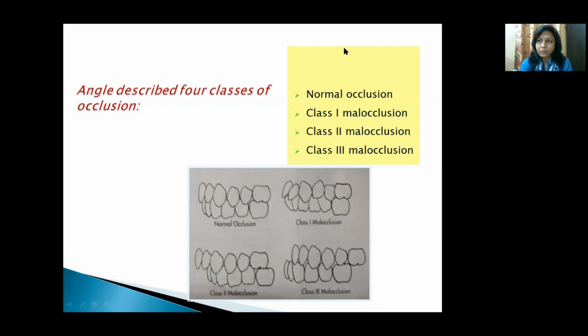Normal occlusion, as referred to orthodontically by Angle, is when the mesiobuccal cusp of the maxillary molar occludes in the mesiobuccal developmental groove of the mandibular first permanent molar. So the key to occlusion was the maxillary first molar.